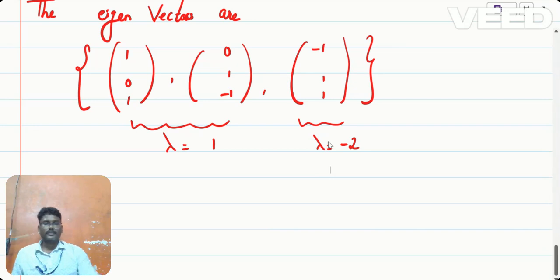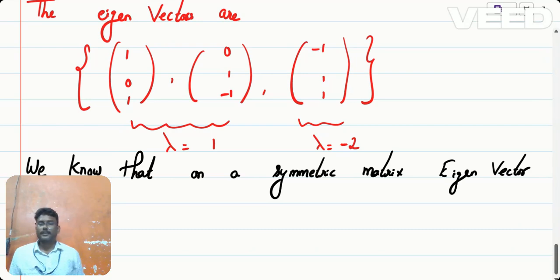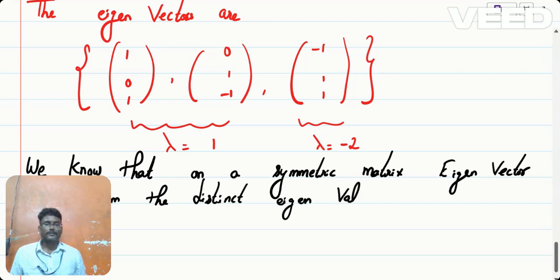So we know that on a symmetric matrix, eigenvectors that came from distinct eigenvalues are orthogonal.